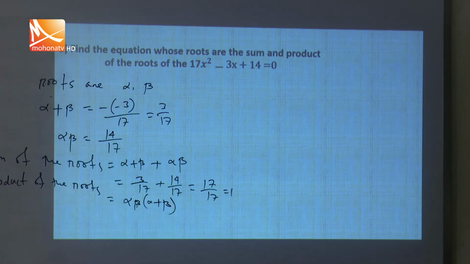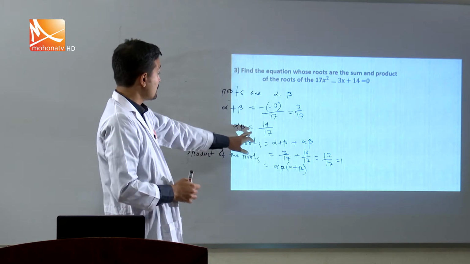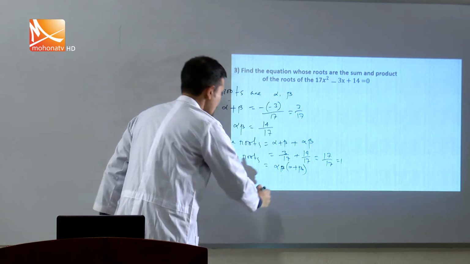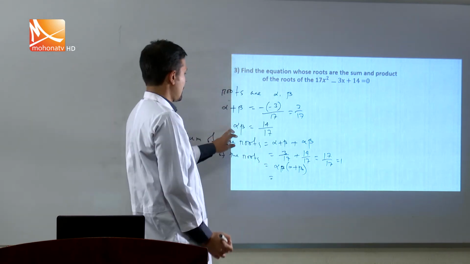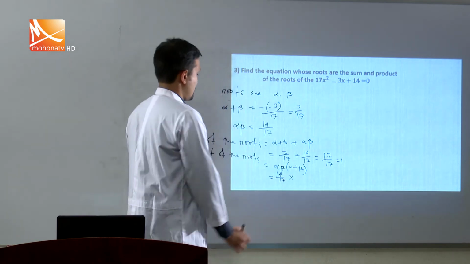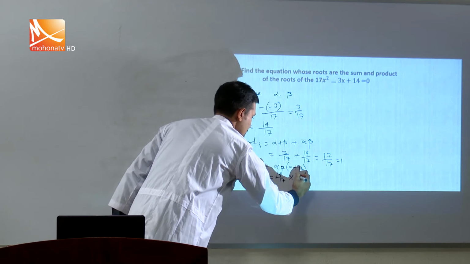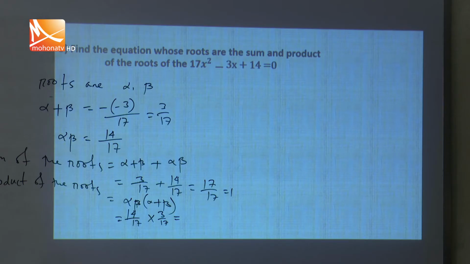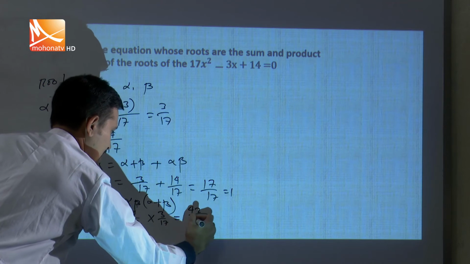Putting the values of alpha beta, 14 by 17, and alpha plus beta, 3 by 17, we multiply 14 by 17 with 3 by 17, which equals 42 by 289.